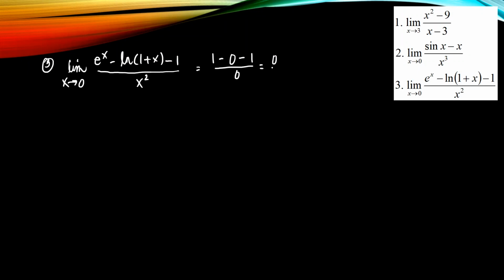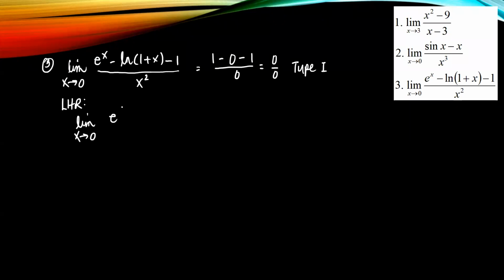So we end up with 0 over 0. So this is type number 1 or case number 1. Since it's case number 1, what can we apply, guys? LHR, the L'Hopital's rule.